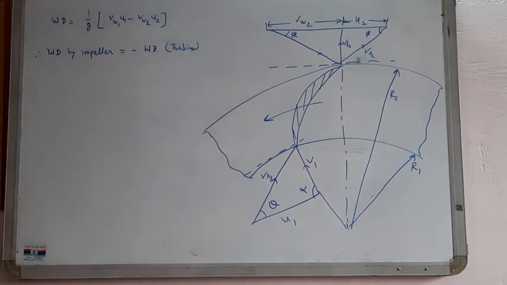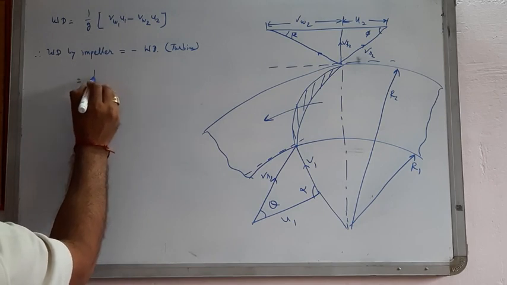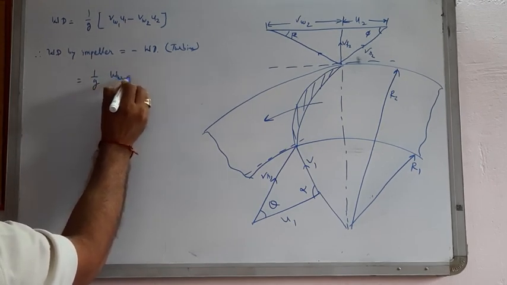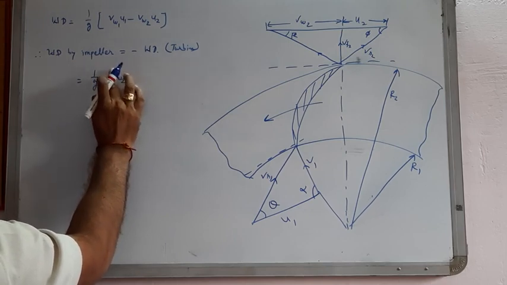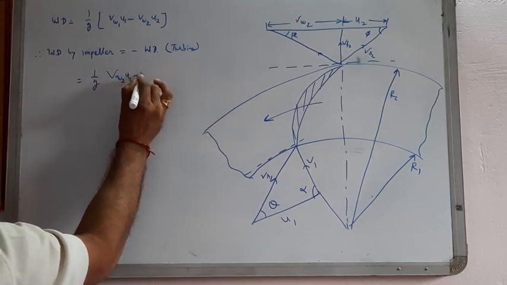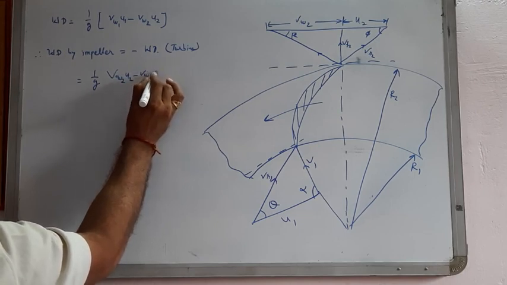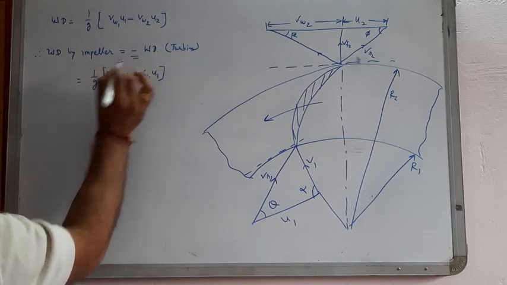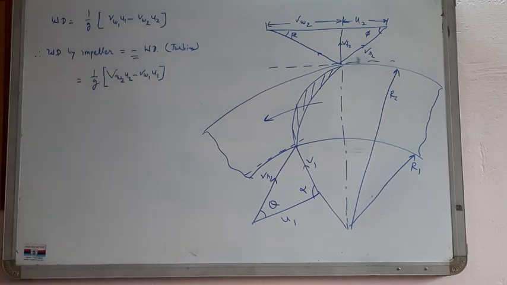So it is 1 by g (VW2 U2 minus VW1 U1). This is because of this minus.